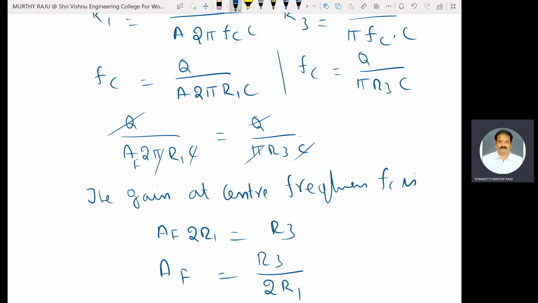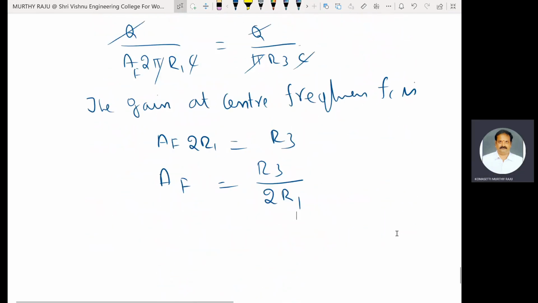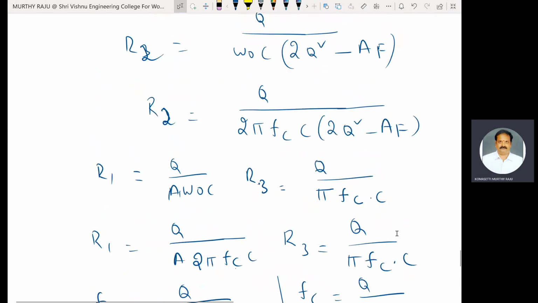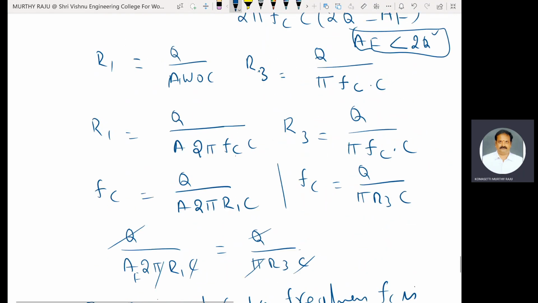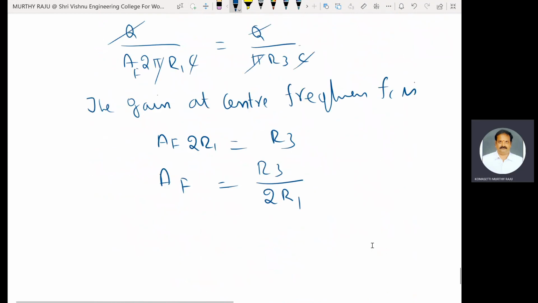Next, cutoff frequency fc changes, but bandwidth and quality factor are not changed. Here R2 is equal to Q by 2 pi fc into C, 2Q square minus af, but R2 must be positive. Therefore, af less than 2Q square is also very important. This is the gain at center frequency fc, af is equal to R3 by 2R1.